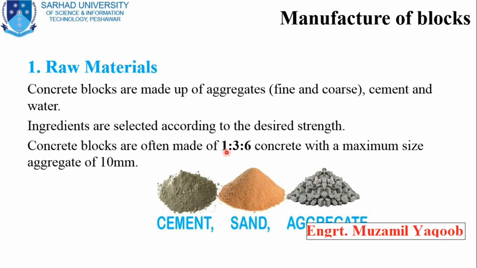For example, in the ratio 1:3:6, 1 means cement, 3 means sand, and 6 means aggregates. If we increase the ratio of sand and aggregates, it will give us low strength.